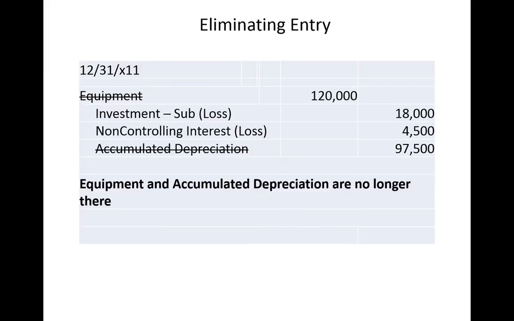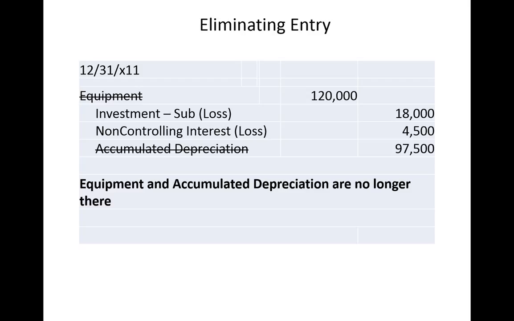And what this leaves us with is the following. If we take this entry, we ask ourselves, is the equipment still here? In X11, the equipment was sold. And it was sold at a gain. All this tells us here is that we're able to recognize any deferred gain or loss that existed. In this case, we see that it is a deferred loss that we have.